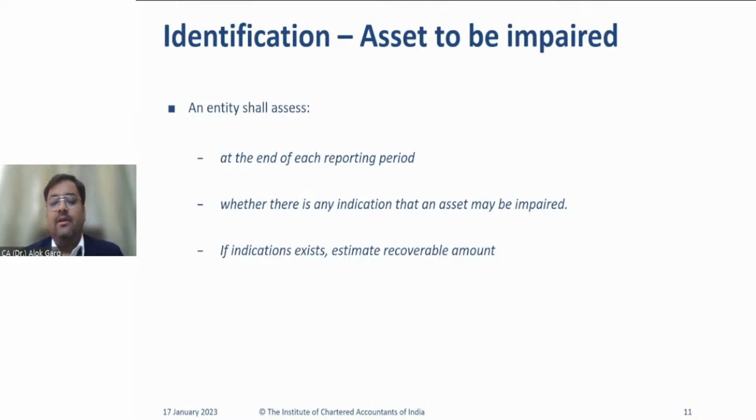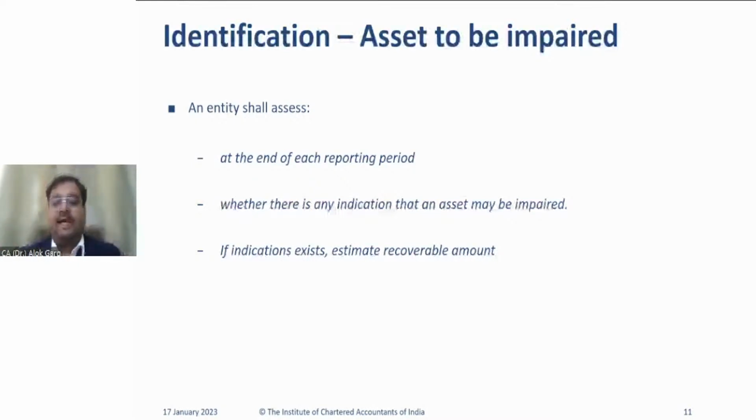If they have to do impairment testing, they have to engage experts and valuers to find out the value in use and the fair value. So it is a cost-expensive and time-consuming exercise. The time will be taken and the cost will also be incurred. And probably after doing all this exercise, you will find that there is no impairment.